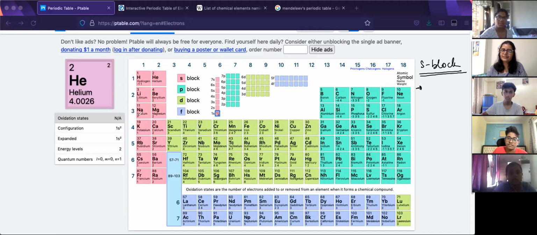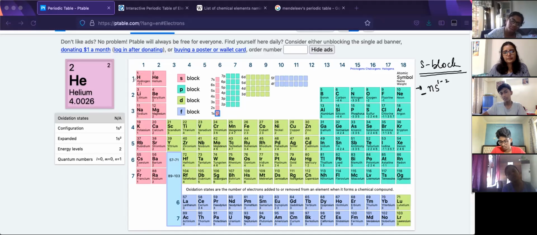Yes. In the first group you have s1: 1s2, 2s1 is lithium, 1s2, 2s2, 2p6, 3s1 is sodium. Magnesium goes to 3s2. So the general electronic configuration is the noble gas configuration first, then it ends with ns1 or 2. You can relate n to the period number. If it's in the 5th period, these 2 elements will end in 5s1 and 5s2.